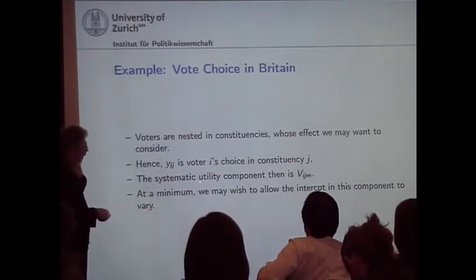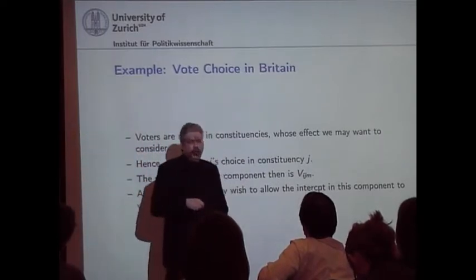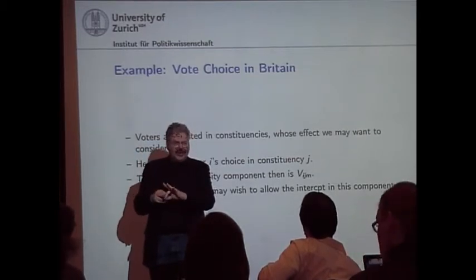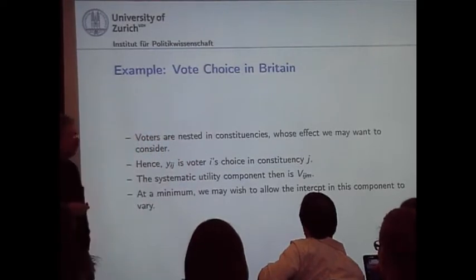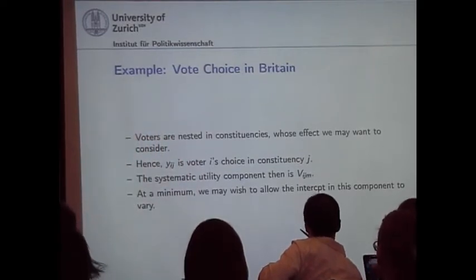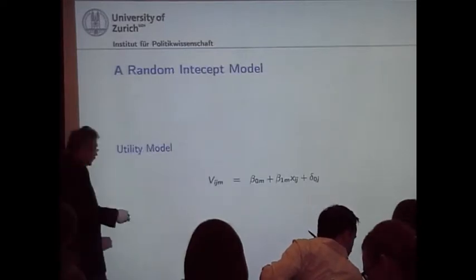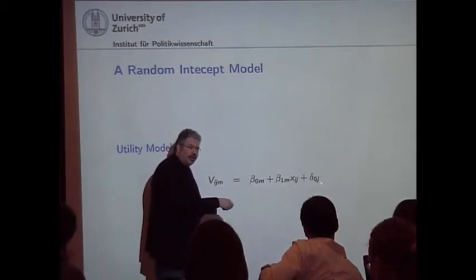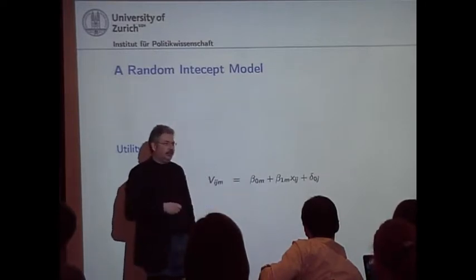The systematic utility component now is Vijm, voter i's in district j's utility towards alternative m, and we want to allow the intercept to vary in that component, and we can do that by adding to the model I had before this component delta 0j.